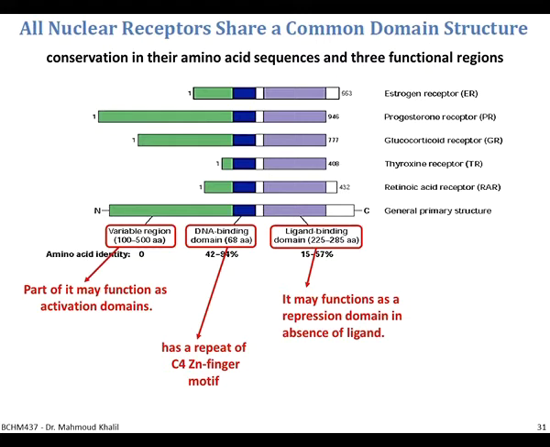So this ligand binding domain inhibits the activity of the receptor so it does not migrate toward the nucleus. Once a ligand is internalized inside the cell, it binds to this ligand domain and activates the nuclear receptor to be translocated inside the nucleus.